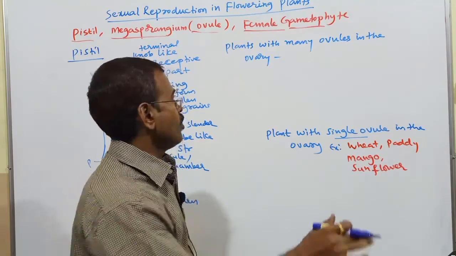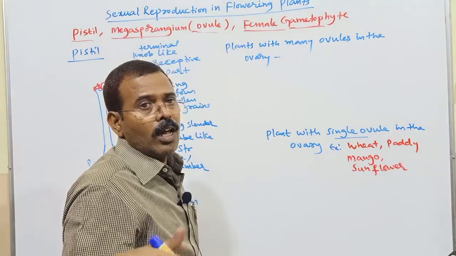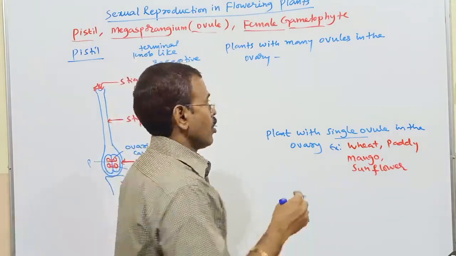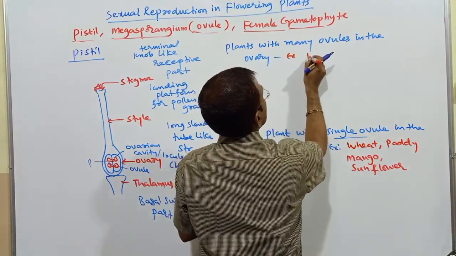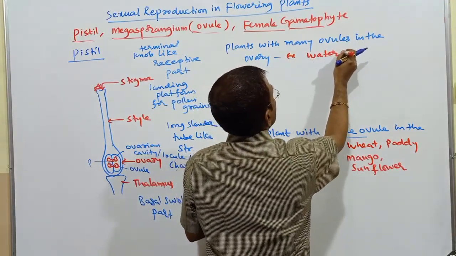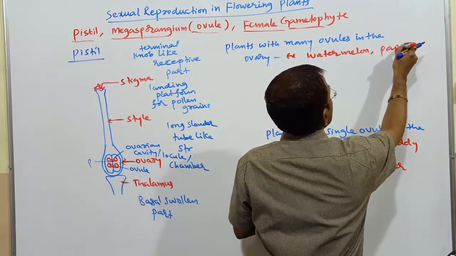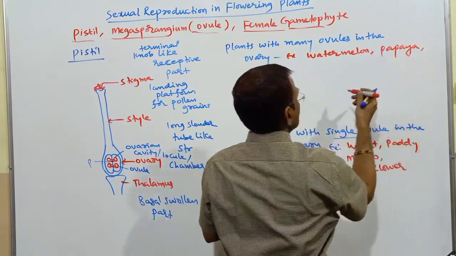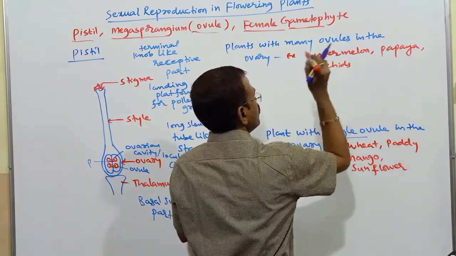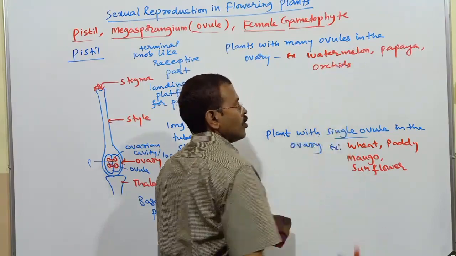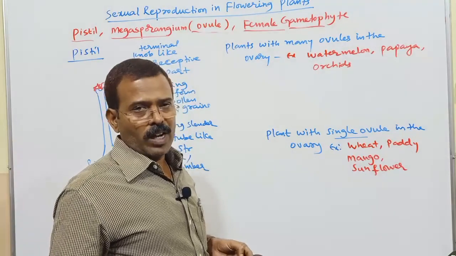So there are some plants which have many ovules in their ovary or in their locule. These plants are mainly watermelon, papaya, orchids, muskmelon.